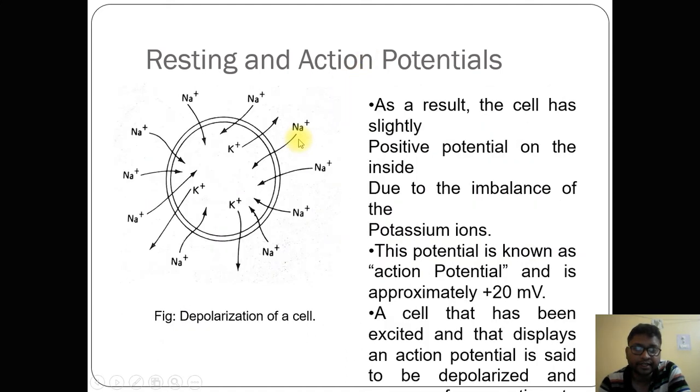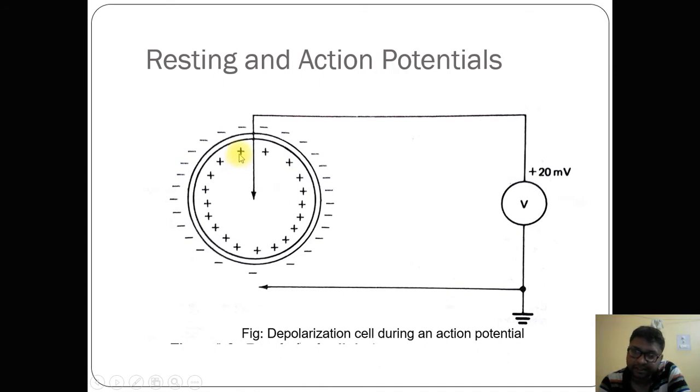As a result, we get a structure something like this. When a cell is excited, the sodium channels open up, the sodium ions go inside, and K+ and Cl- ions move outside. So as a result, we get a structure like this.